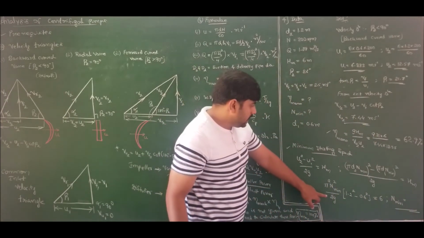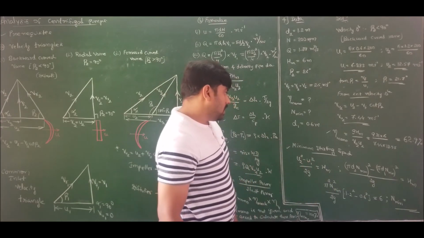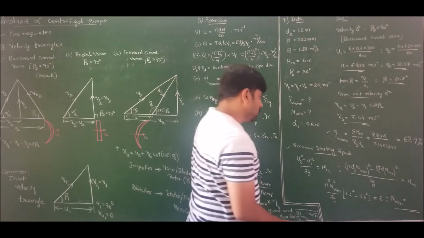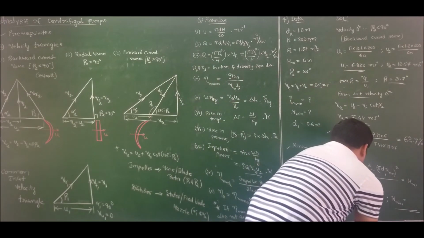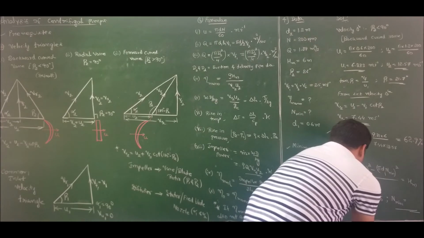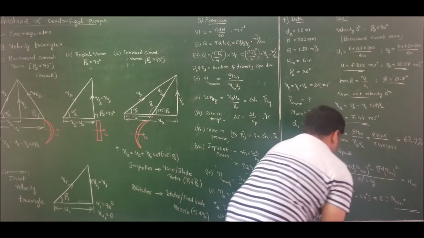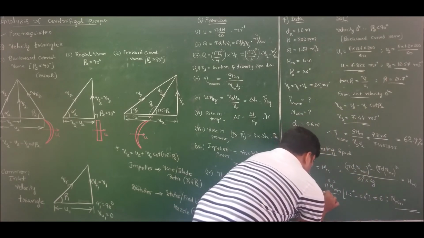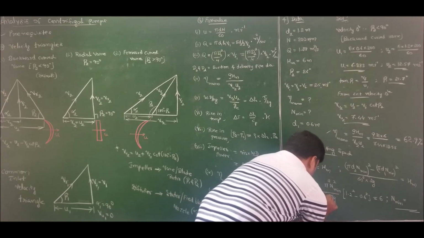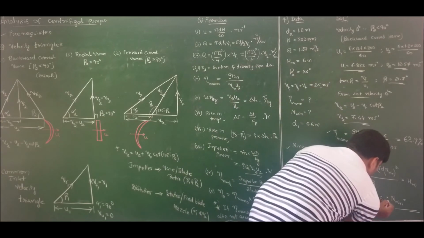Since I'm not dividing by 60, I'll get N minimum in RPS. To get N minimum in RPM, I should divide by 60, so pi D N by 60 will become 60 square into 2g. So now directly I will get the value of N minimum in RPM.